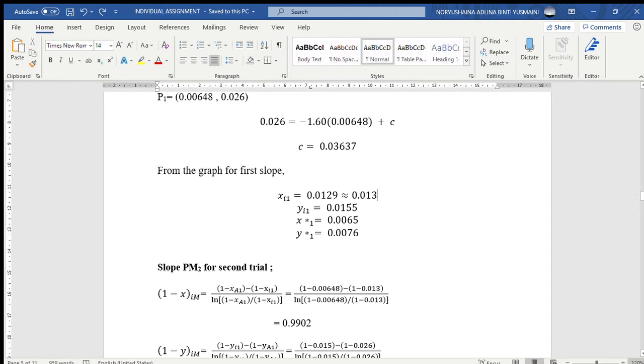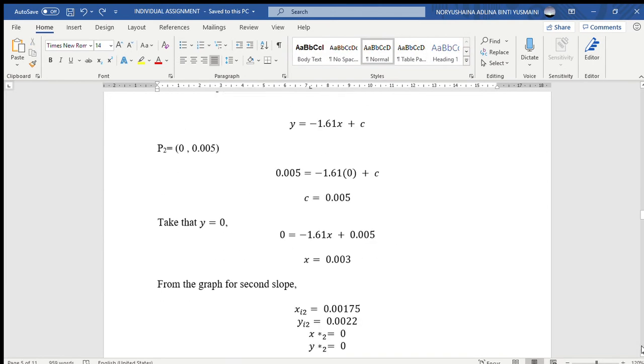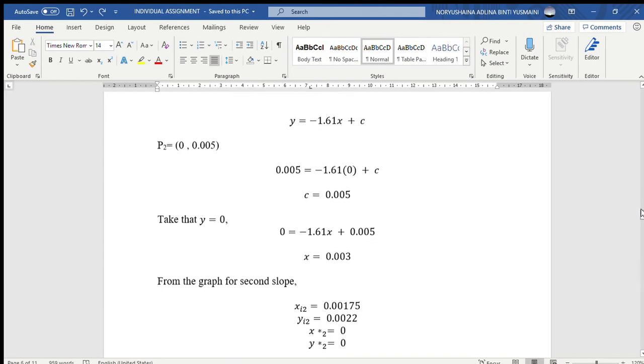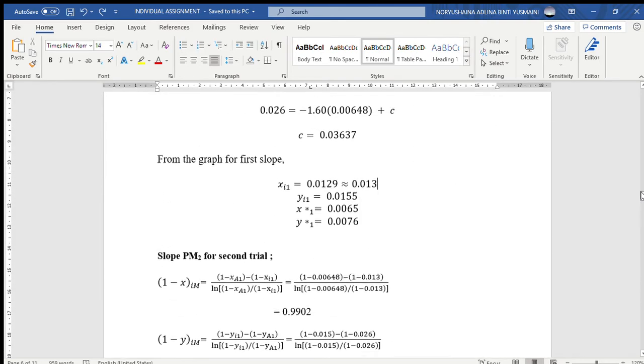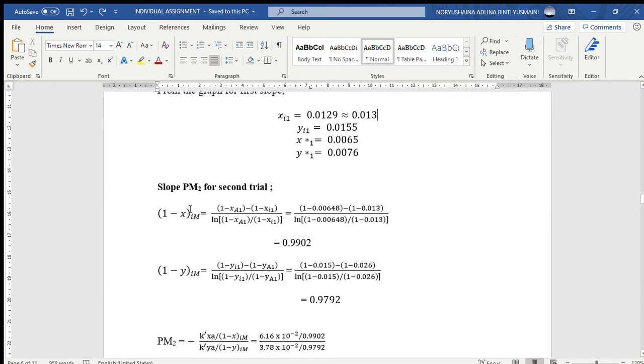Next is for the second slope. This is the actual formula to find the slope. As we have got the value for xi1 and yi1 from the graph, we can use this formula to find the 1 minus xim.